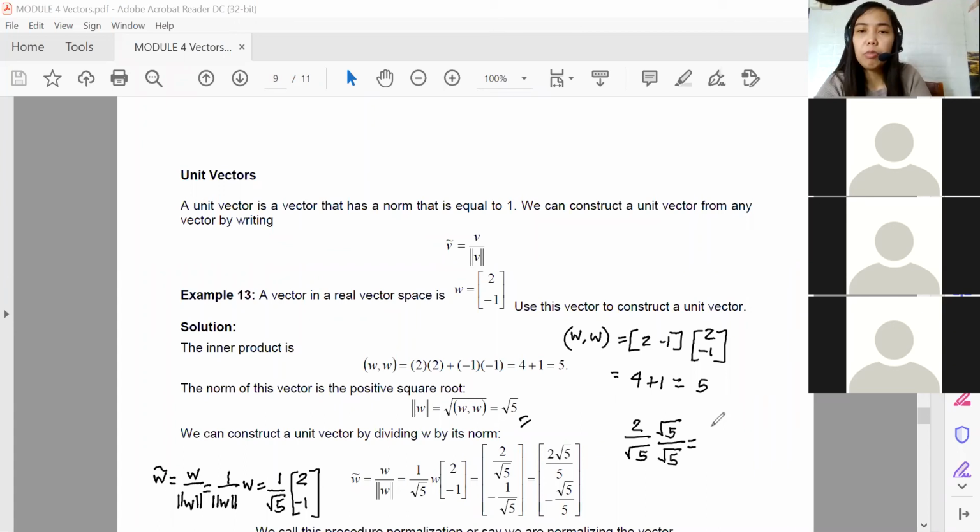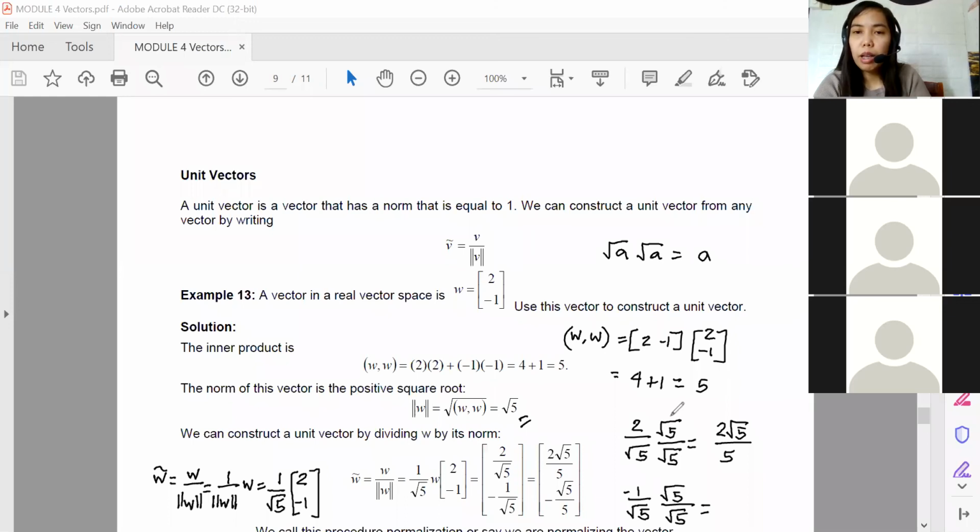So 2 times square root of 5 over 5, kasi square root of A multiplied by square root of A, the answer is A. And same here, negative 1 over square root of 5, multiply the numerator and the denominator by square root of 5.